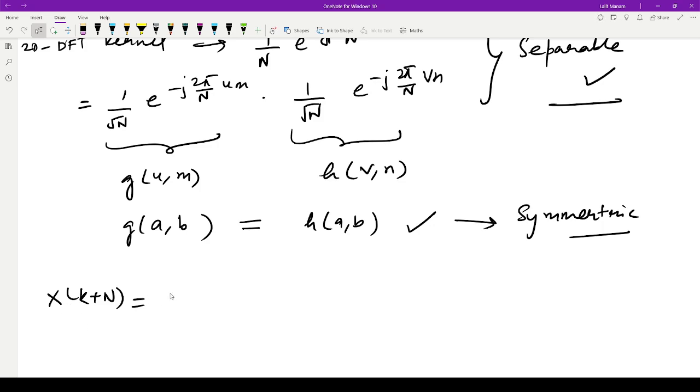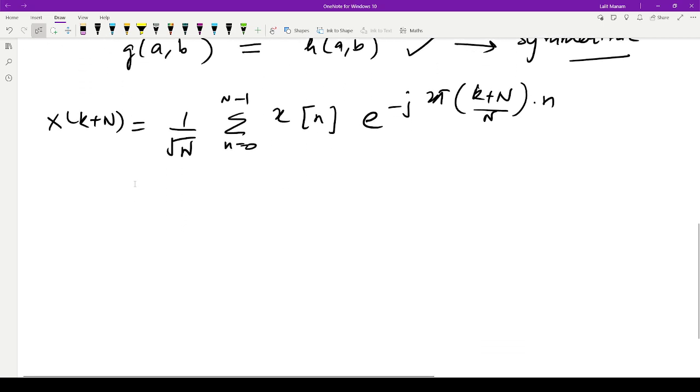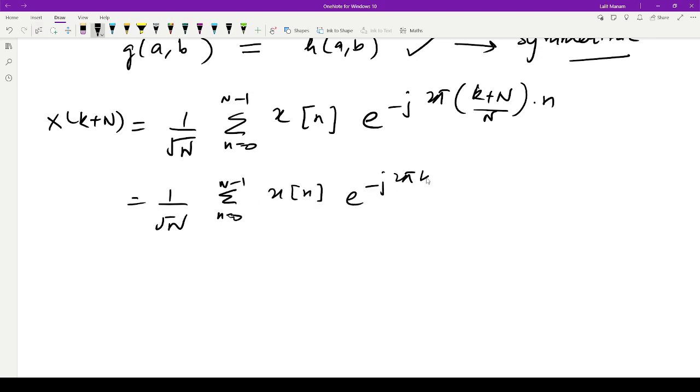Given the equation that we have above, it is x of n e to the power minus j 2π (k plus n) upon capital N into small n. Everyone fine with this formula? Yes. So minus j 2π kn by N into e to the power minus j 2π n. What is this value?